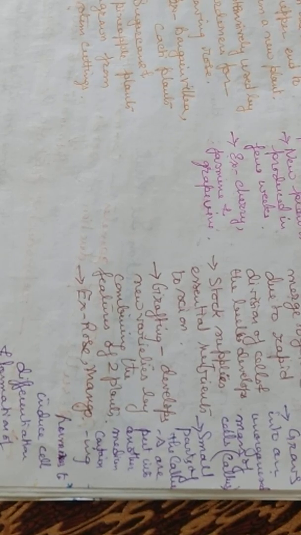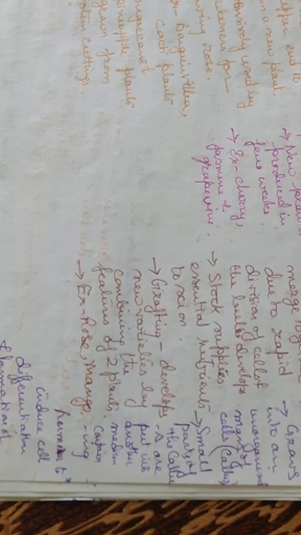Humus helps the callus to induce cell differentiation and formation of plantlets. Due to this humus, the cells divide and differentiate and plantlets are formed.